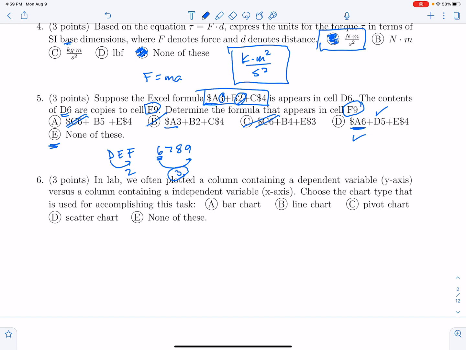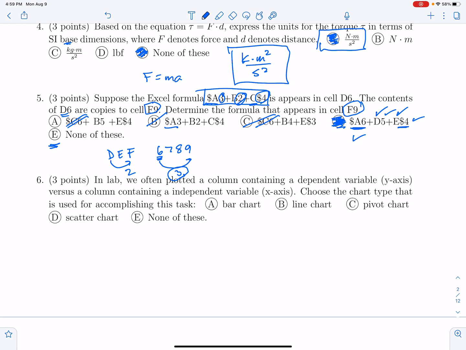So 2 plus 3 is 5, that's correct. Okay, and finally, C does not have a dollar in front of it, so it's incremented by 2. So C, D, E, that's correct. And then the dollar sign indicates that you don't increment the 4. All right, so that's also correct. So we see the answer here is D.